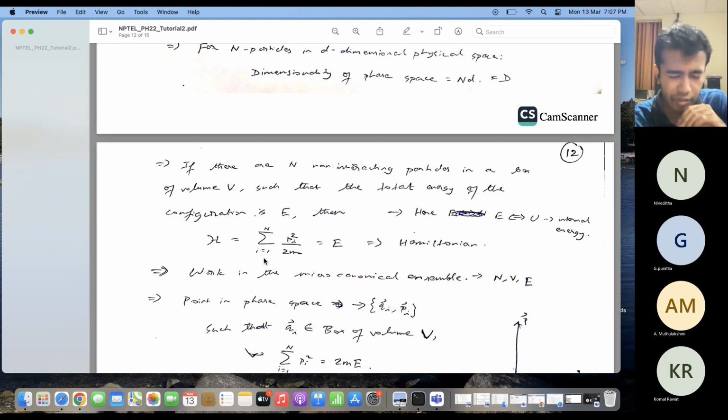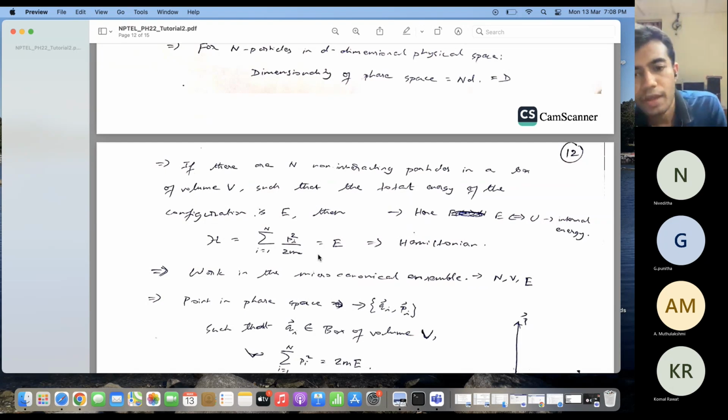That is, the summation over i equal to 1 to N of p_i squared by 2m is equal to E, where p_i represents the momentum of the ith particle. And this energy E is nothing but the internal energy of the system. It is not being influenced by any external forces or anything. It is the internal energy.